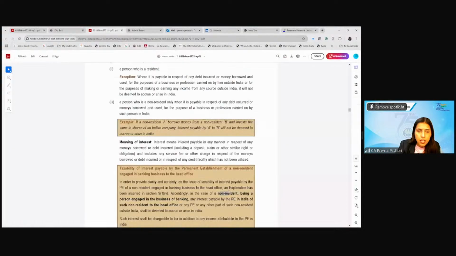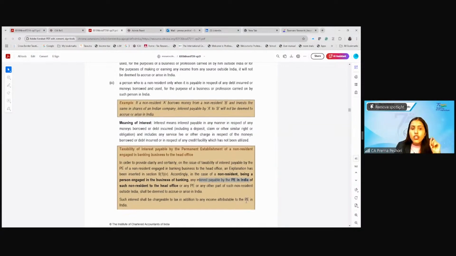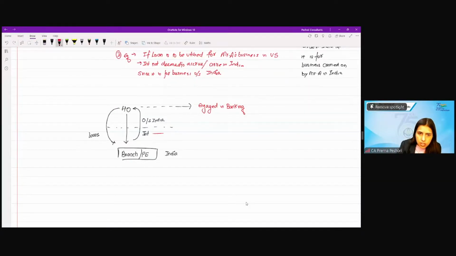There's an explanation provided. It says any interest payable by the PE in India of such a non-resident to the head office or to any other PE or part of the non-resident outside India shall be deemed to accrue or arise in India. So this interest will be deemed to accrue or arise in India.